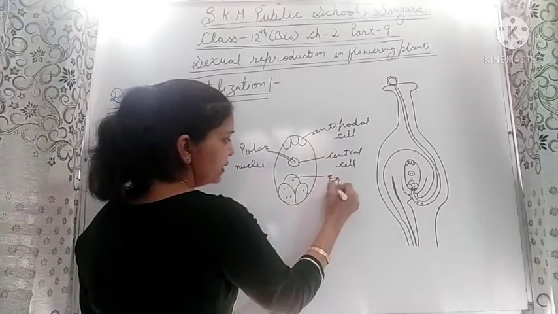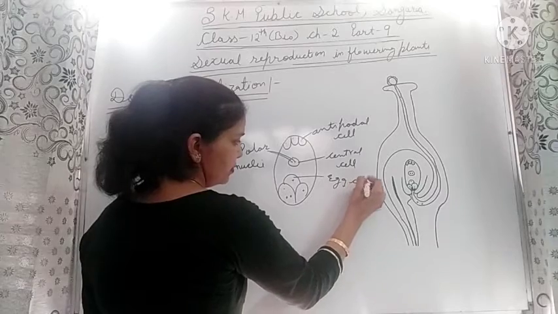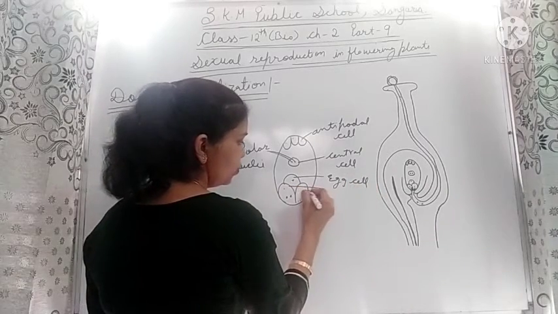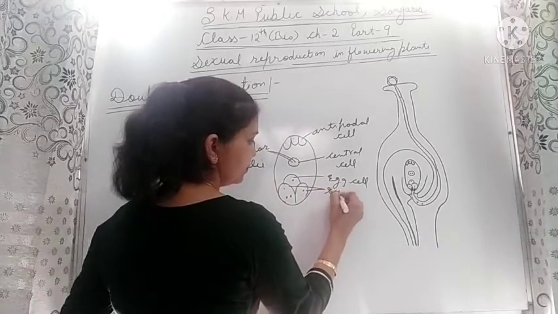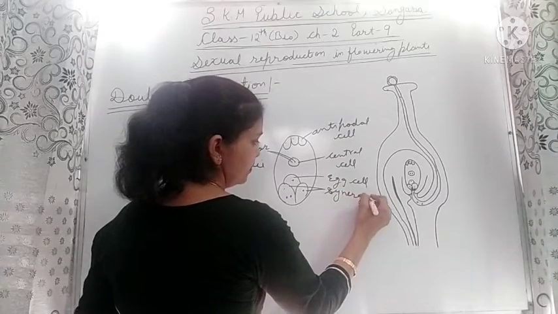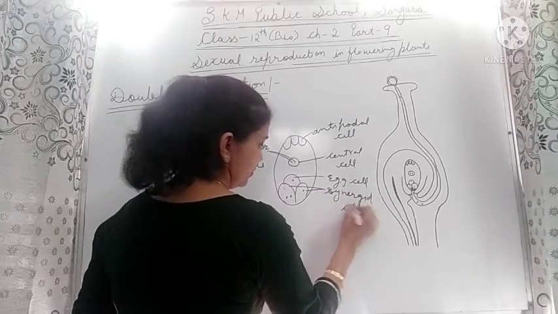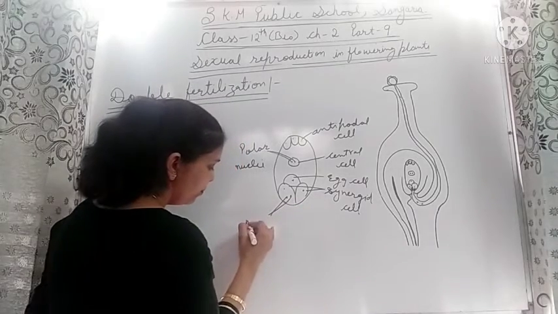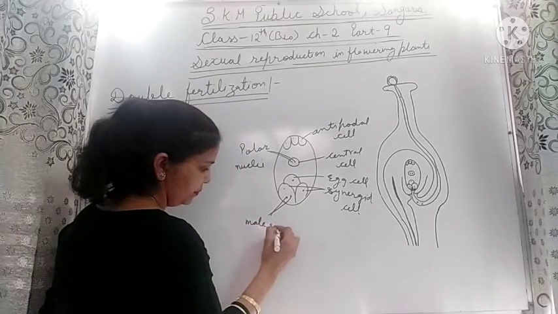This is the egg cell. These are 2 synergid cells. These are the 2 male gametes.